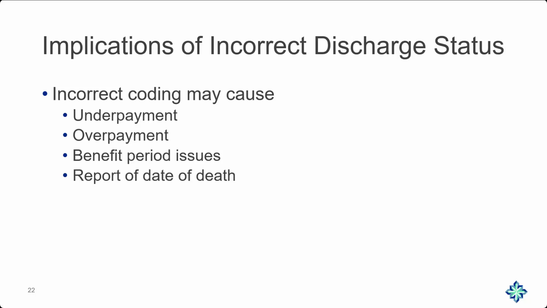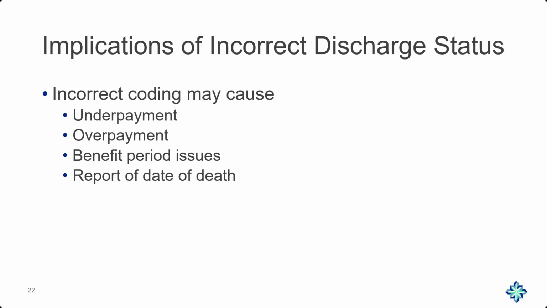And that's because claims are paid or processed on a first in, first out basis. And so we want to avoid that rework, just the time and the effort that it takes. But also it's another implication because it can affect their benefit period.